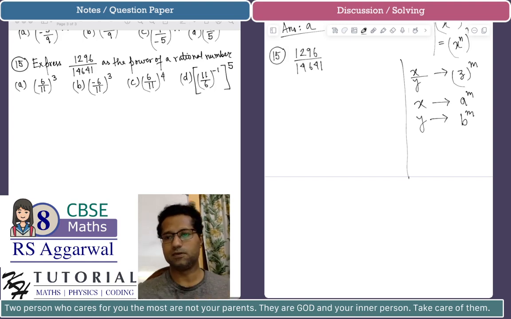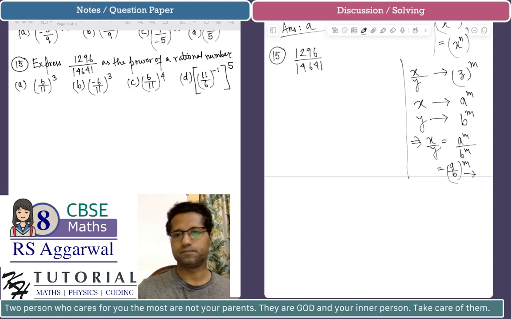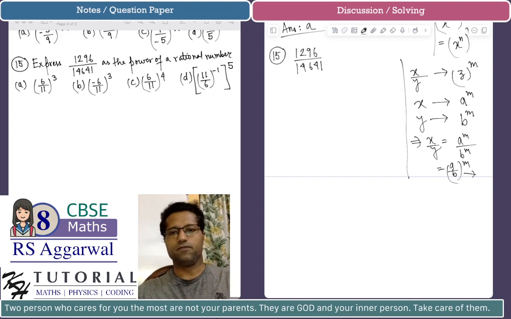The power should be the same. Only then can we say that x by y is equal to a to the power m divided by b to the power m, which is equal to a by b whole raised to the power m. So this is the exponential form. Let's see if we can.